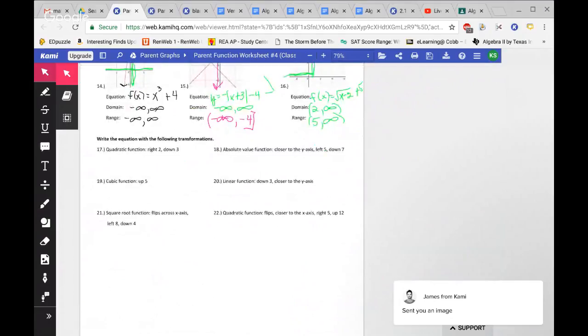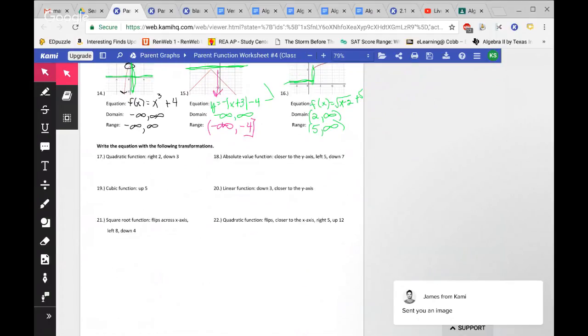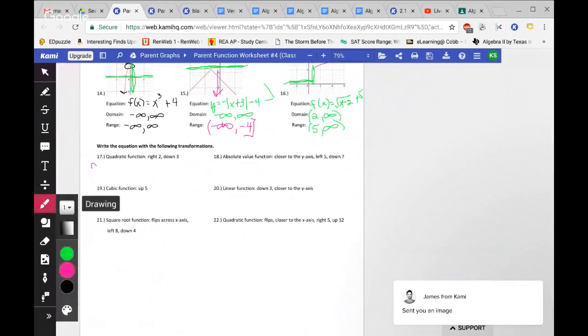Okay. So a quadratic. Do you want me to do the first one and then you do the rest, or how do you want to do this? So I was trying to do it myself. Okay. f of x equals x minus 2 plus minus 3.